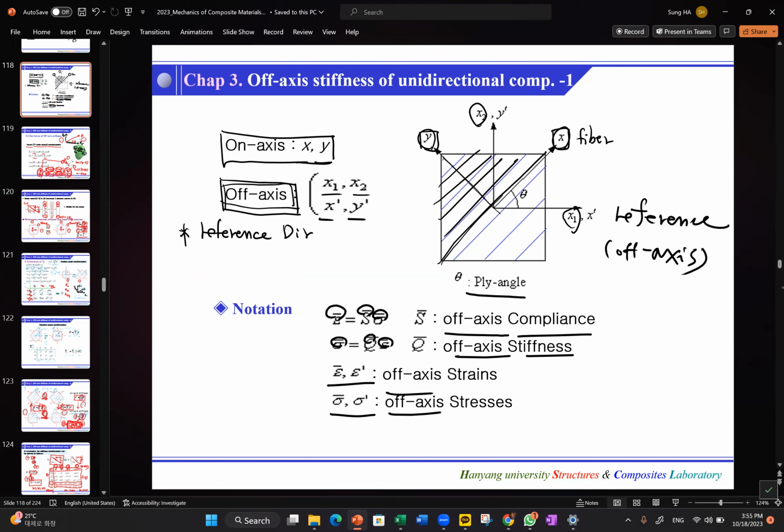But more conceptually, it is better to understand that the off axis is a reference direction. So we're going to layer, and sometimes we're going to have different angles. And now this theta, counterclockwise with respect to x1 and x2, will represent the ply angle.